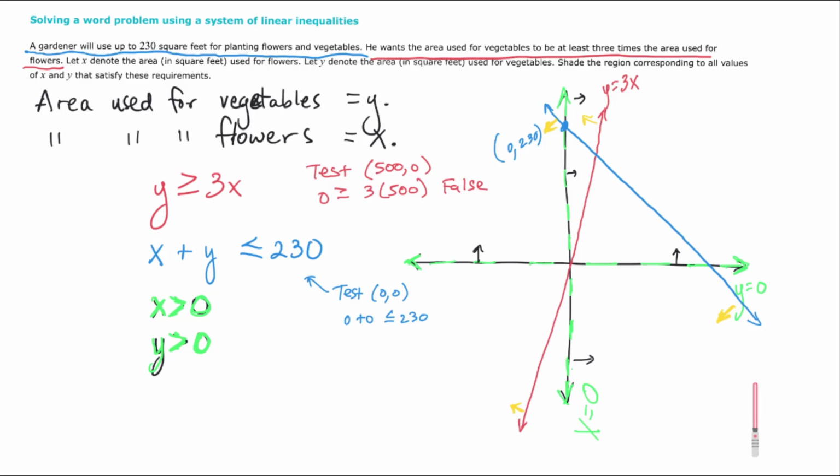Now, where all these arrows collide is actually going to be the solution to all our inequalities. And so if you look very, very closely, we're going to see that they collide right there in that little small triangle right here.